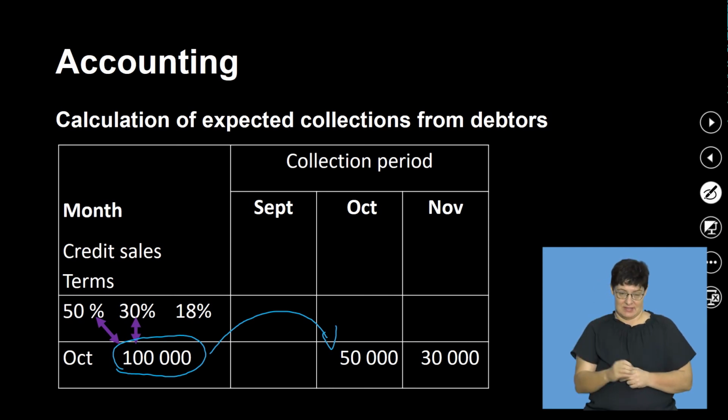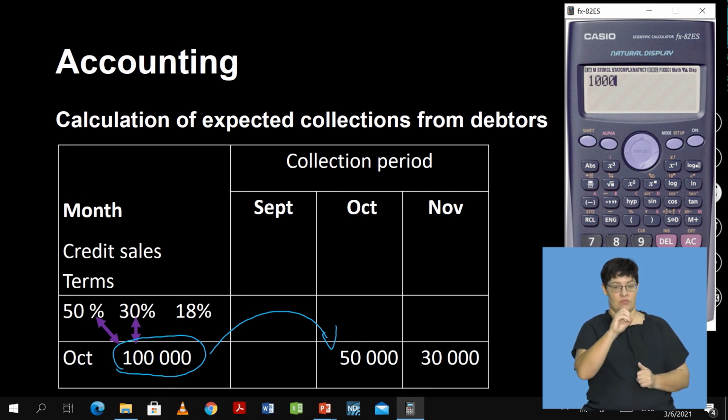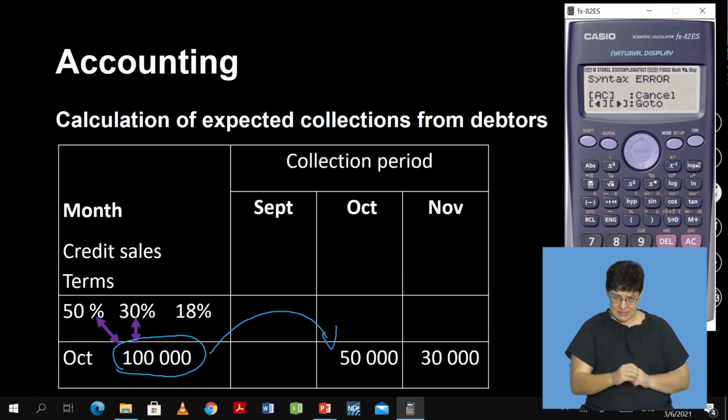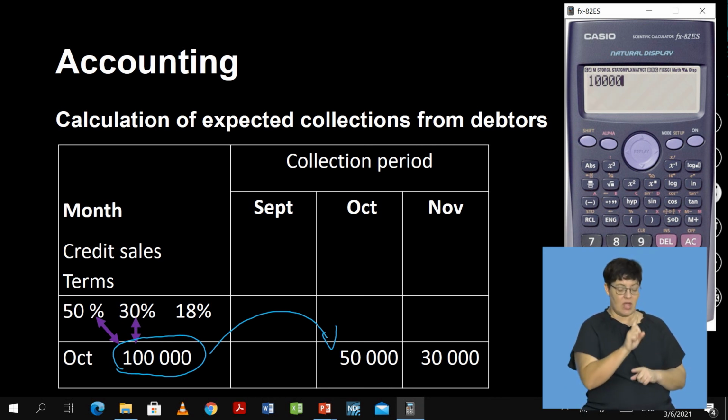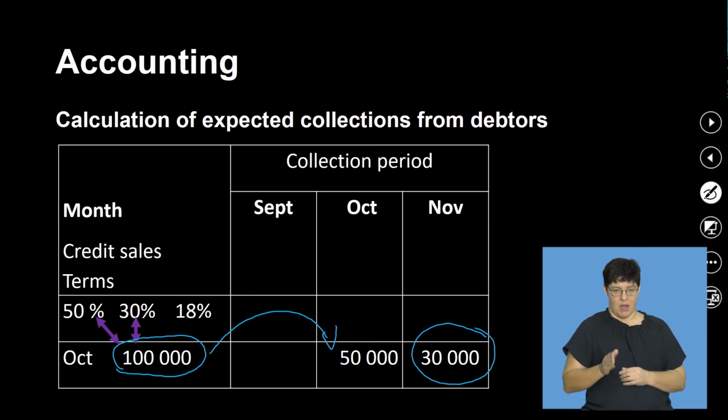Once again, calculators out. 100,000 times our 30%, and it should give me a figure of 30,000 rand. Here you can see it, there's my figure, 30,000 rand.